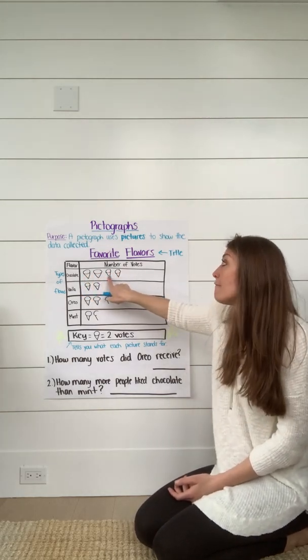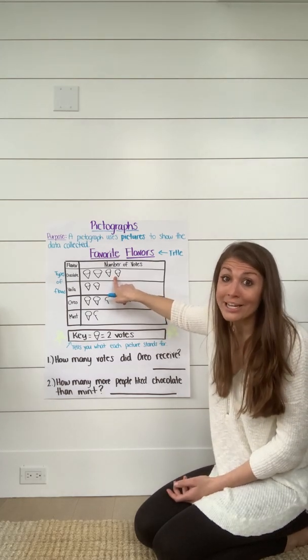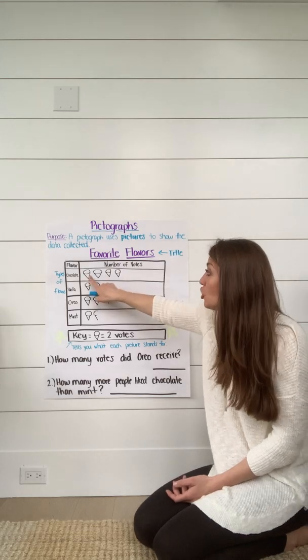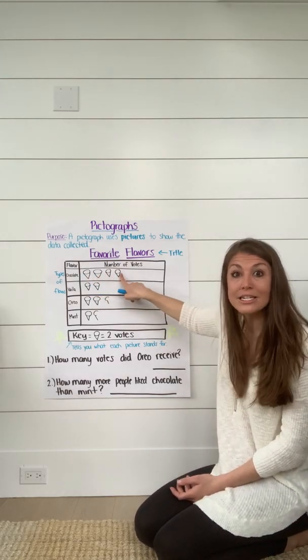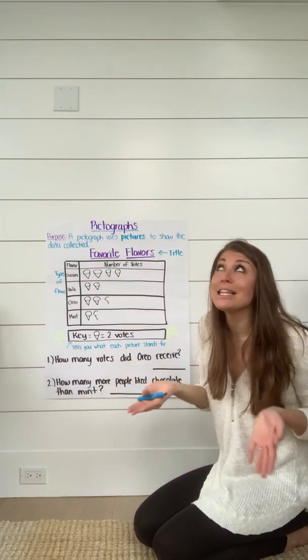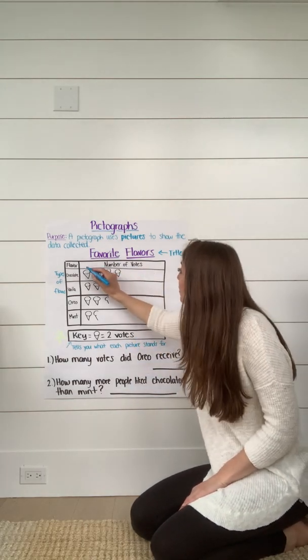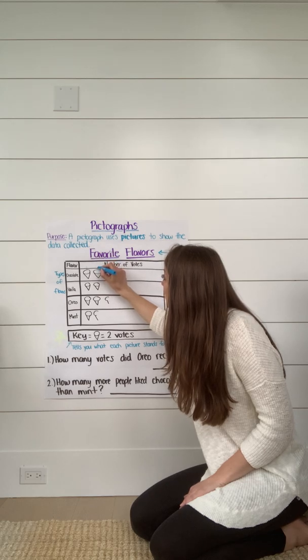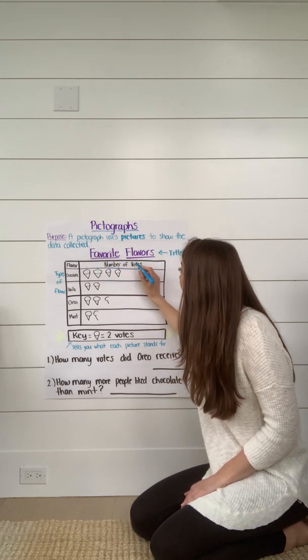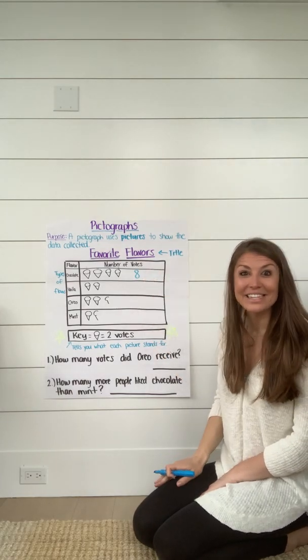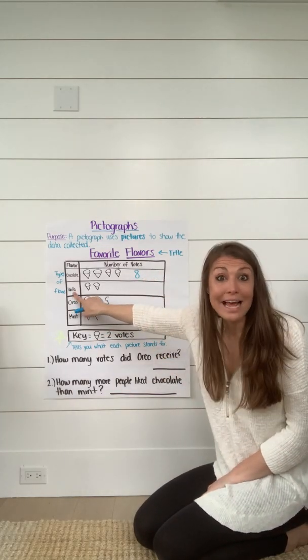You can take 4 and multiply it by 2. 4 times 2 equals 8. You can add 2 plus 2 plus 2 plus 2, and we still get 8. There's a lot of different ways that we can get to 8. So I'm going to just write above it 2, 4, 6, 8, and I know my total number of votes was 8. Awesome.